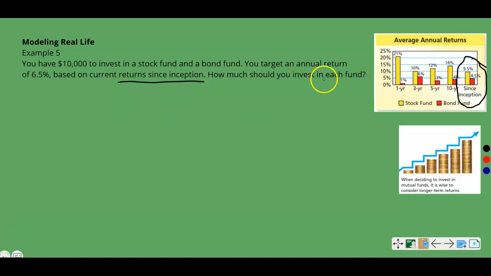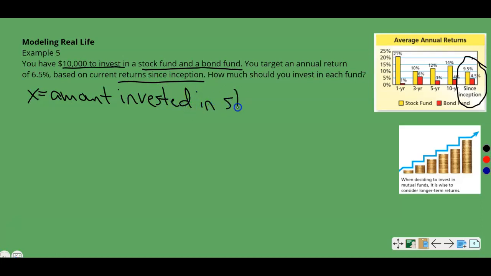It says how much should we invest in each? Let's look again. You have $10,000 to invest in stock and bonds. So let X be the amount invested in stock and Y be the amount invested in bond funds.